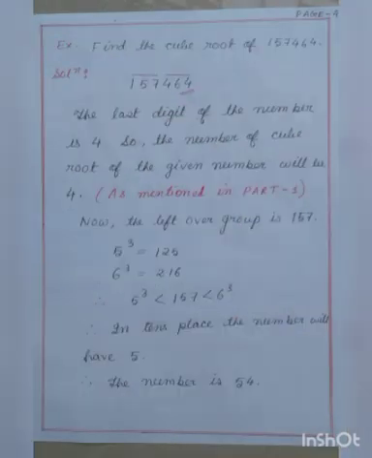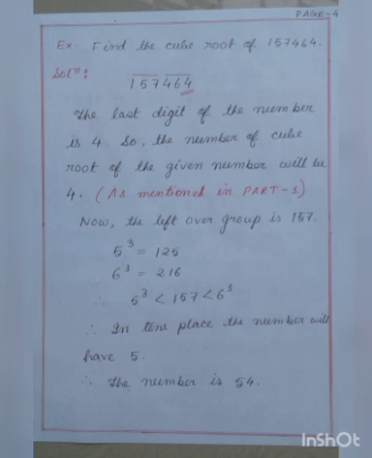Next example, find the cube root of 157464. The solution for this: I have to make groups of 3 digits. Starting from the last digit, 464 will be one group and 157 will be another group.